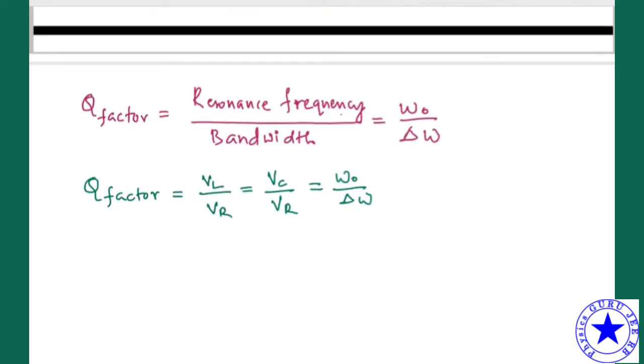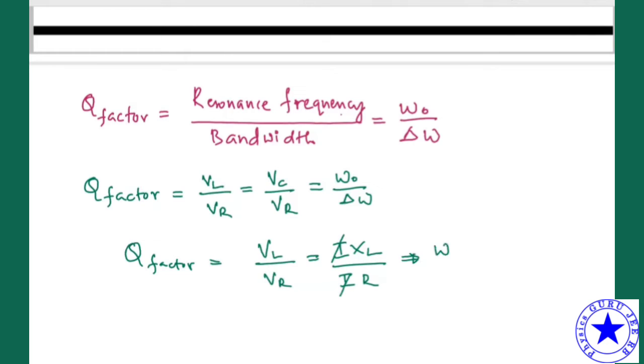Taking VL divided by VR, VL is nothing but I into XL divided by I into R. So XL is omega into L, divided by R.